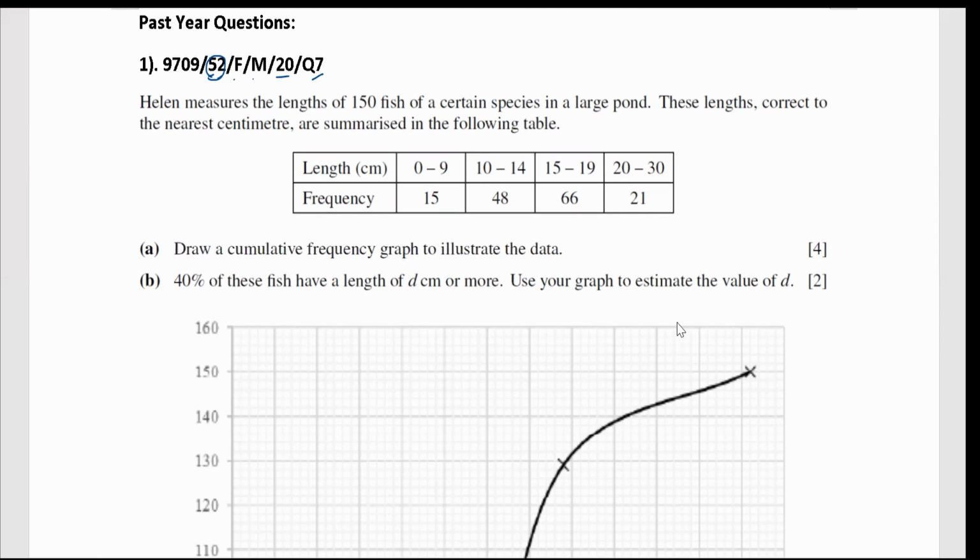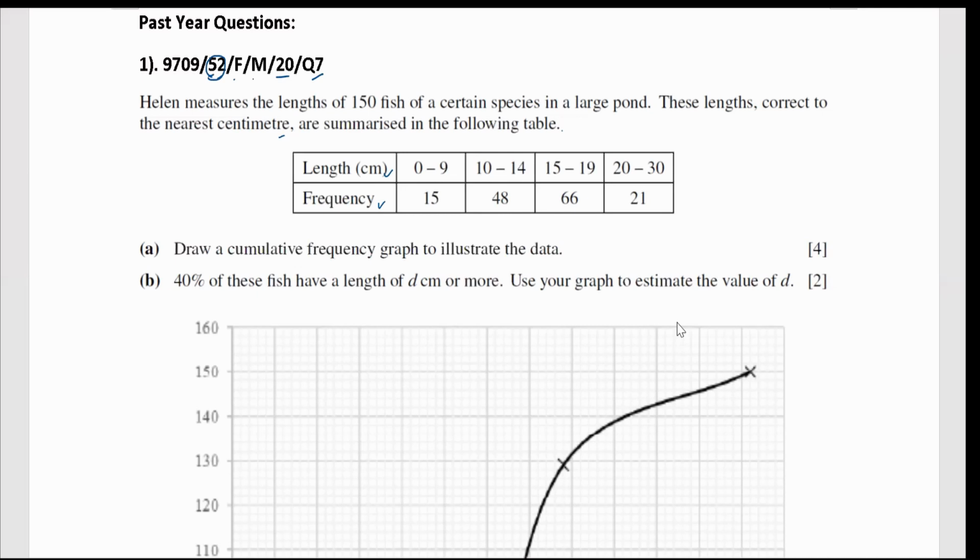The lengths, correct to the nearest centimeter, are summarized in the following table: the length in cm, and the frequencies are given. Part A, draw a cumulative frequency graph to illustrate the data.